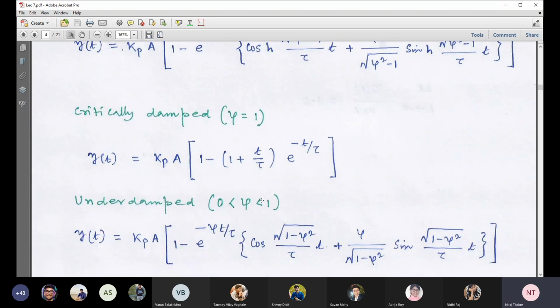Now let us come to the third case. This is the expression for y in time domain.